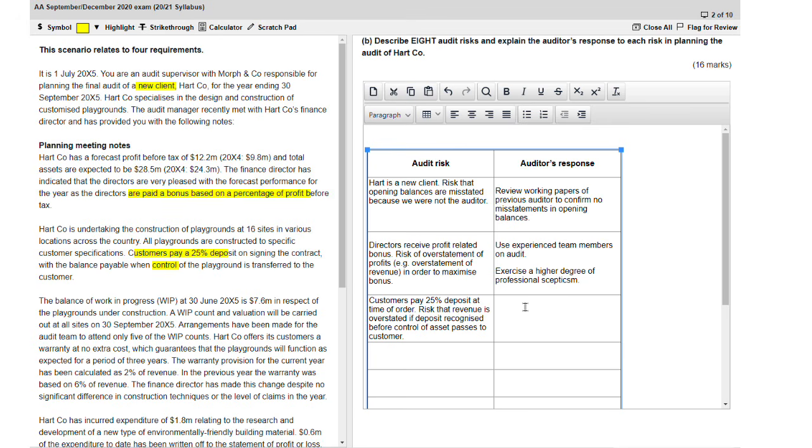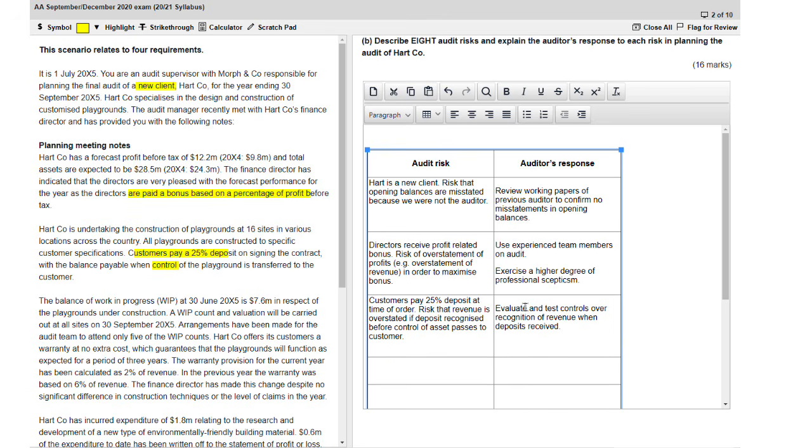One is, if you went down a controls route, I would give credit if you said, for example, evaluate and test controls over the recognition of revenue, or non-recognition of revenue, isn't it anyway, but when deposits are received. That's a good one. So these words, evaluate and test controls.